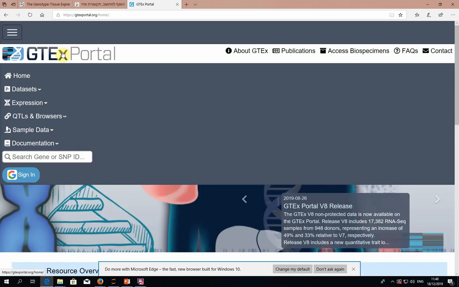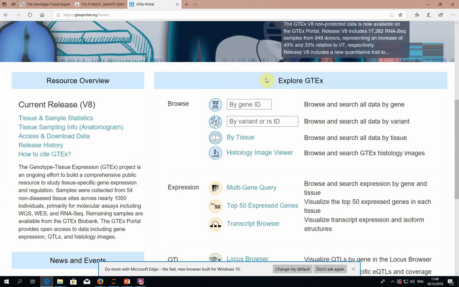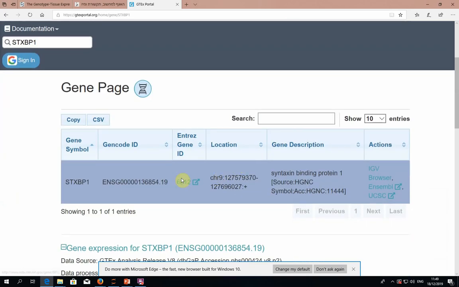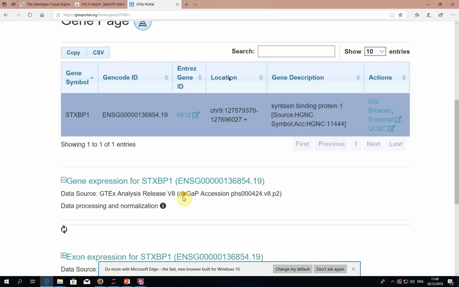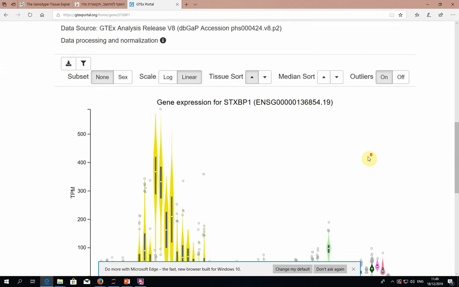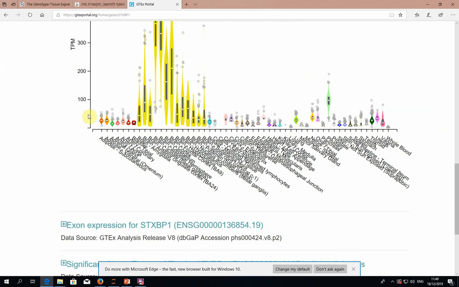Let's go back to the portal, and let's go back to the gene of interest, because that's a good way to look for. So STXBP1, I want to show you that once you get this gene, you can go to this level that I showed you.